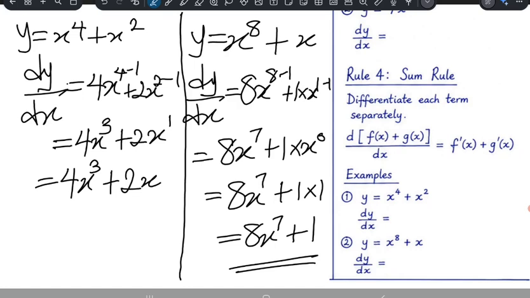So that is the answer for the second example. So that is how we solve.